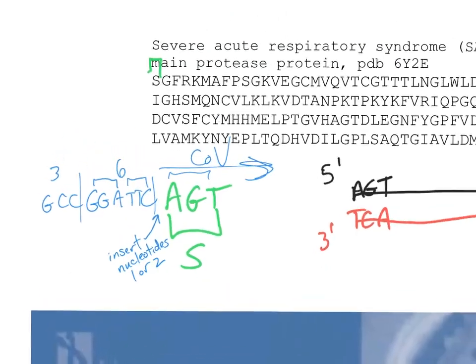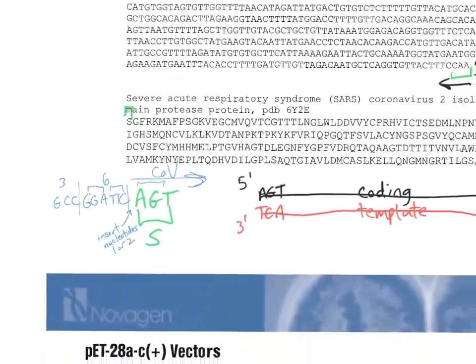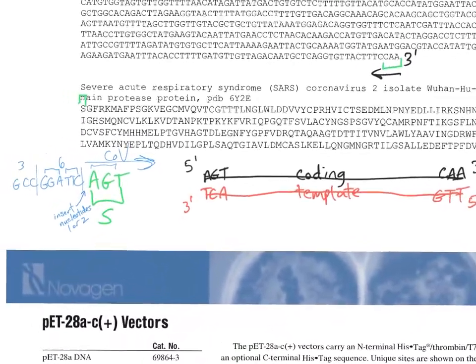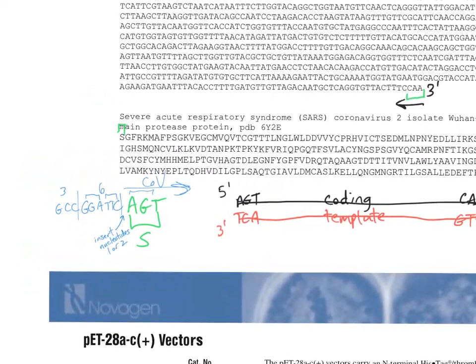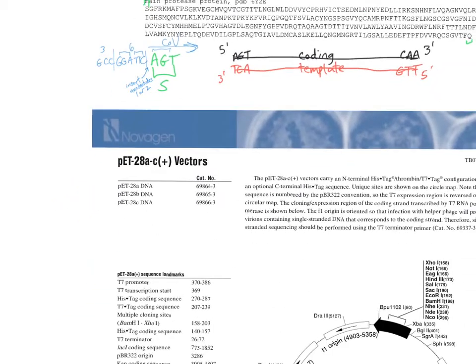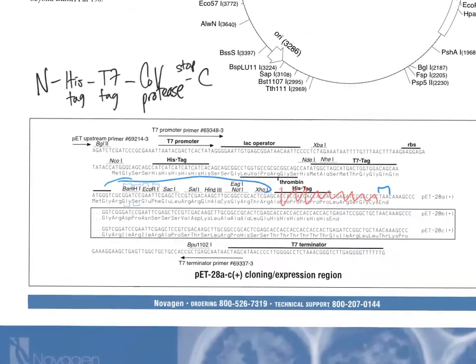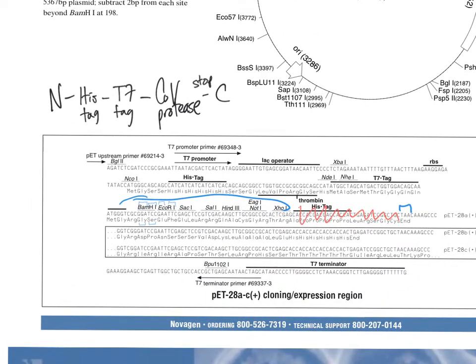So essentially what we want then, looking at this, hopefully, is you want to clone this out, subclone this, but you want to be able to put on your primers restriction enzyme sites that will allow it to insert somewhere into here, preferably with a stop codon on this end.